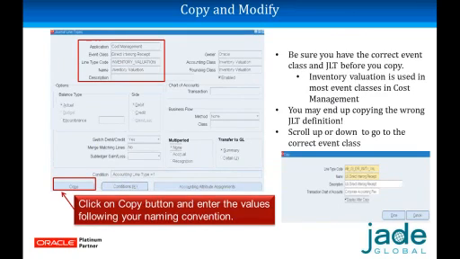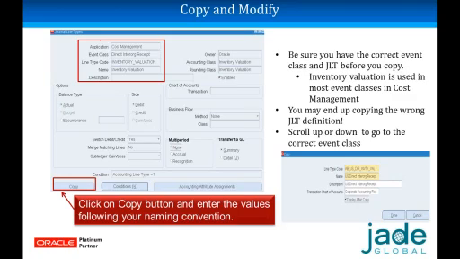Be sure that you're copying the seeded JLT with the correct event class. Remember this, in cost management, inventory valuation is used in most event classes. So check very, very carefully. Use the arrow up, down keys to go to the correct journal line type.